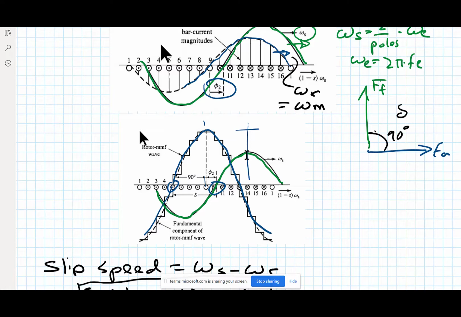You also notice it's quite clear what the period of these is. You can think of this as 1 over 2 pi over the synchronous frequency. That would be the period between zero crossings of the field applied stator MMF.